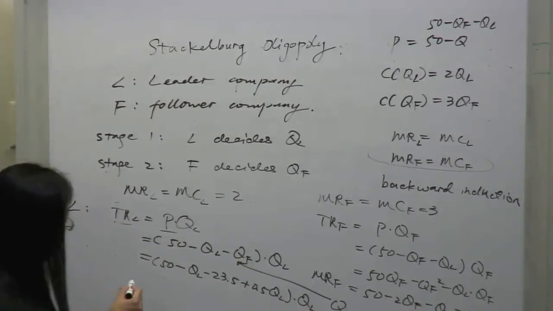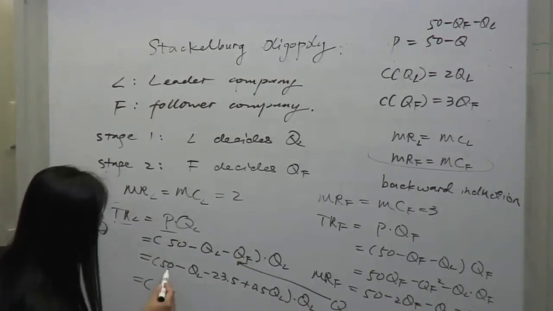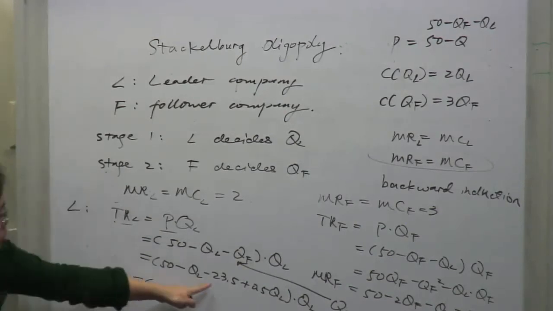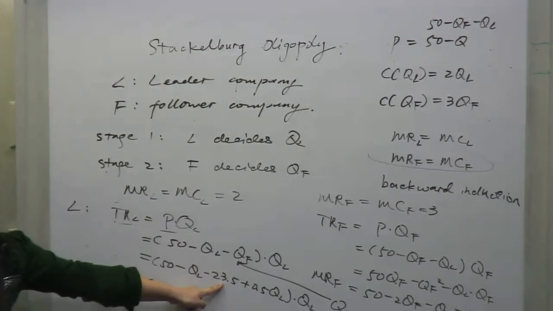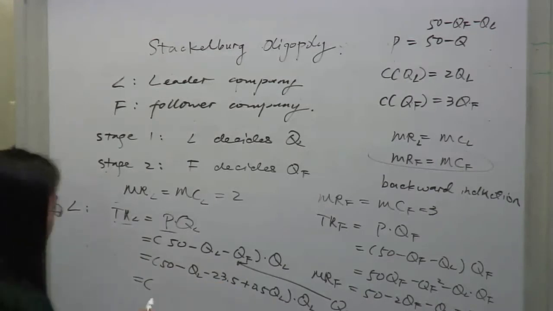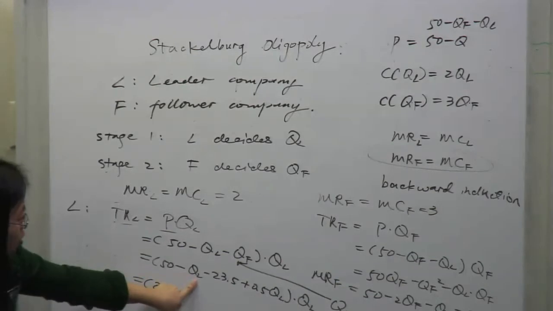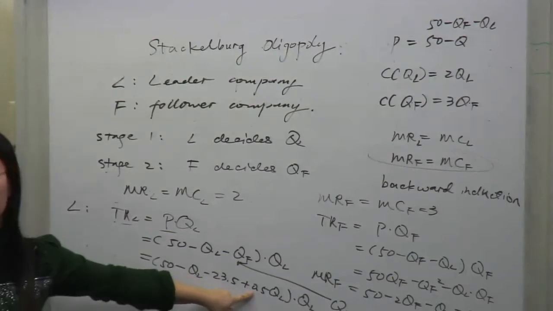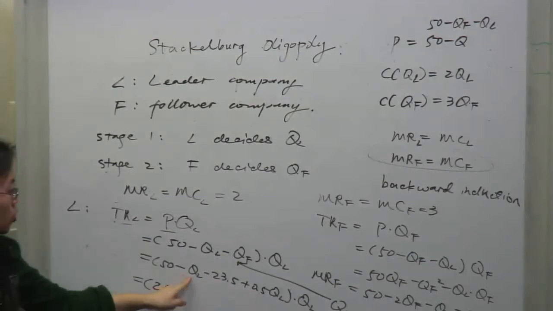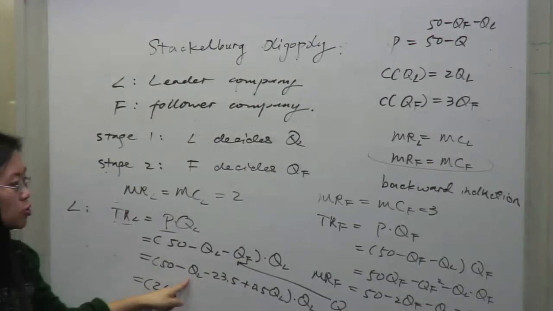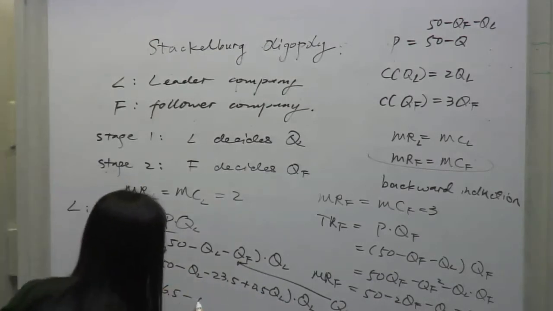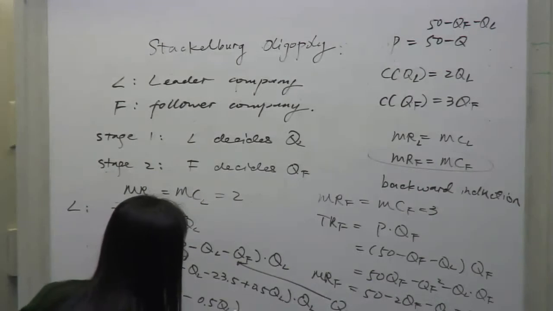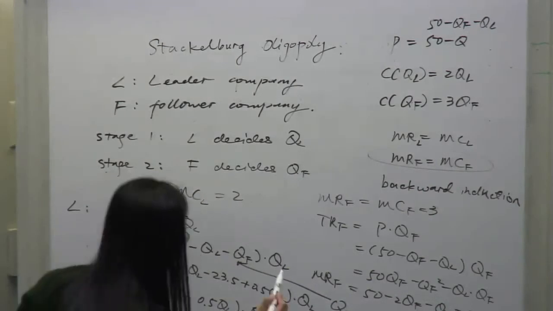Okay. Now let's simplify this. What we have here is 50 minus 23.5, which is equal to 26.5. We have a minus QL, then we have a plus half QL. Putting these two together, we have a minus half, then multiply QL.